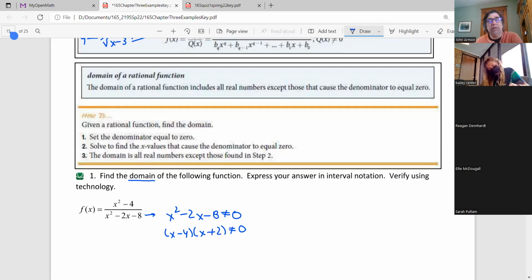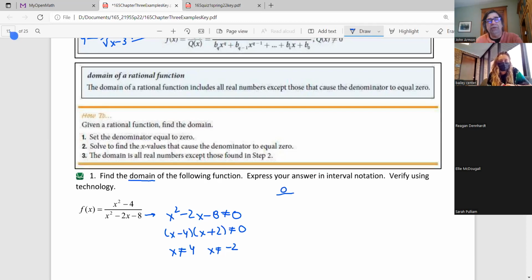Once you write those down, you say, if I try to use 4 as my input, or I try to use -2 as my input, neither of those numbers will work because you're dividing by 0. So something to definitely remember here. If I put 4 in for x, the denominator is 0. If I put -2 in for x, the denominator is 0.